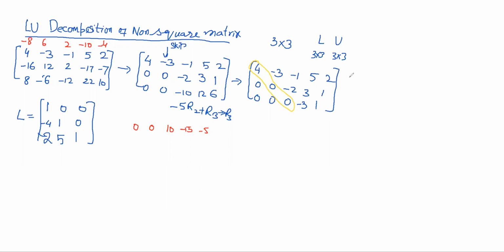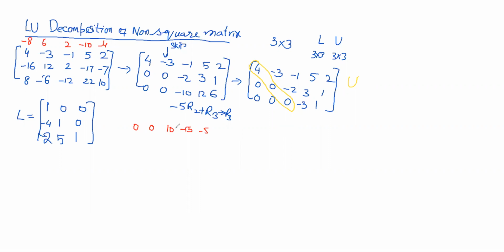That means this is the upper triangular matrix, and this is the lower triangular matrix. So we have decomposed this matrix into lower and upper triangular matrices.